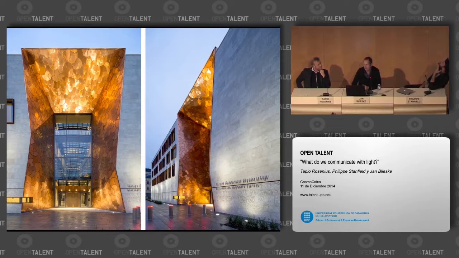So we as lighting designers have the task to communicate this, to emphasize this entrance, to give it all those little glare effects and reflections on the copper surface, and to show this as it is intended to be.